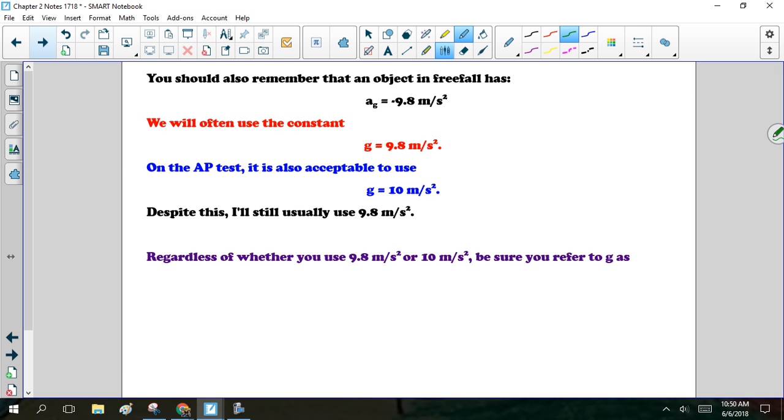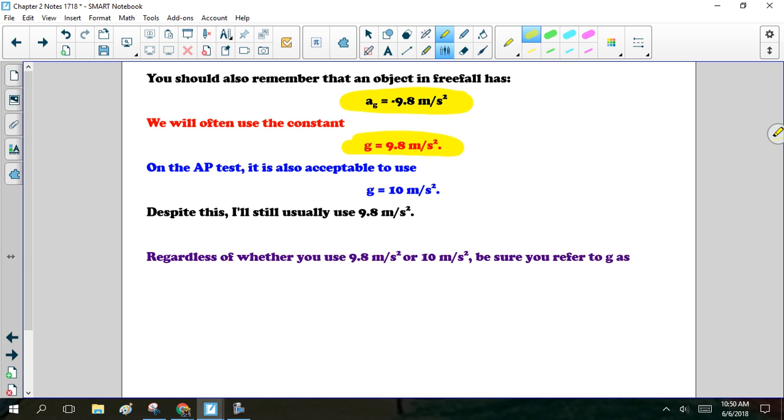Before I do, sorry, I forgot about this little page here. A couple other quick reminders. Remember, an object in free fall has an acceleration of gravity of negative 9.8 meters per second squared. The negative indicates down. I will very frequently use this constant, g equals 9.8 meters per second squared.